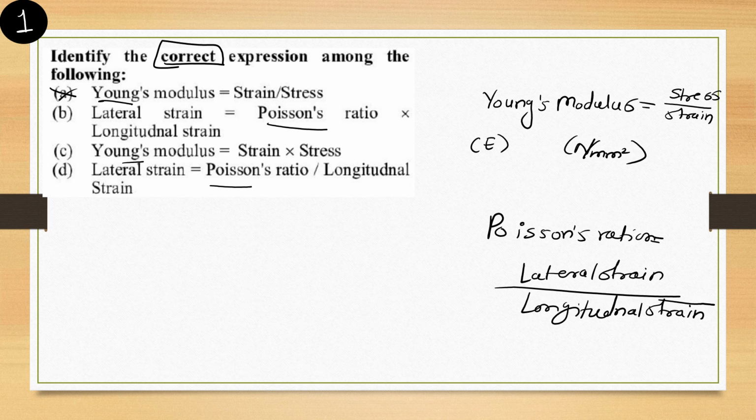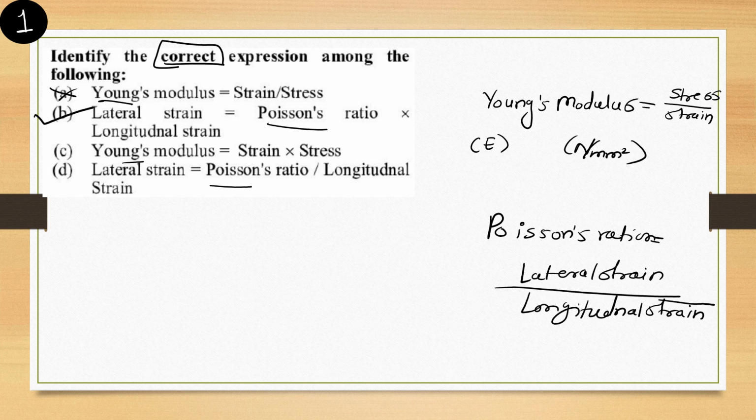Then second, lateral strain is equal to Poisson's ratio into longitudinal strain. If we take the denominator term to this side and multiply the longitudinal strain with Poisson's ratio, the answer equals lateral strain. So option B is correct here. But we'll see the next options C and D. C is Young's modulus equals strain into stress.